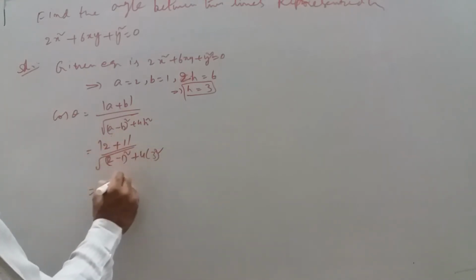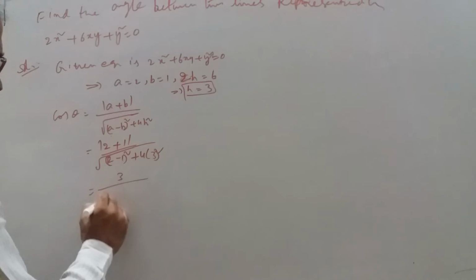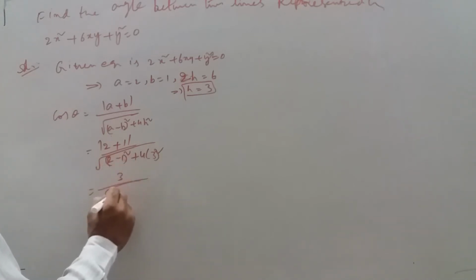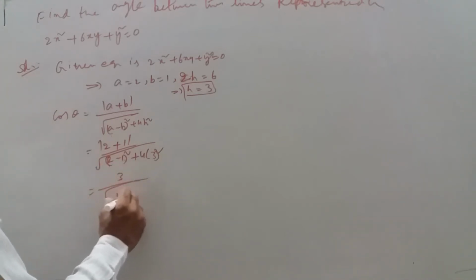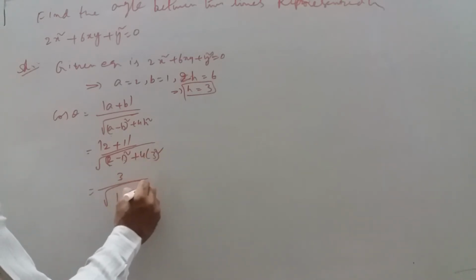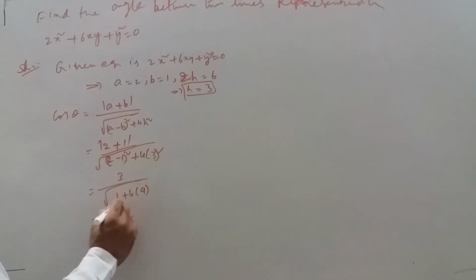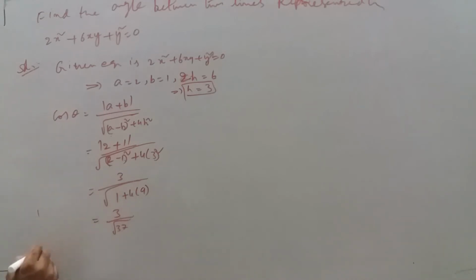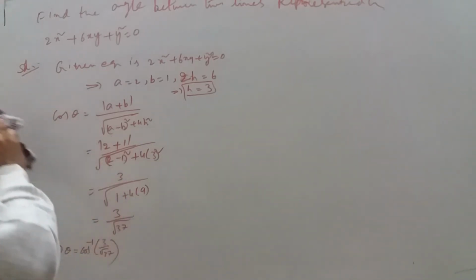By 2 plus 1 is 3, by root of (2 minus 1) square, that means 1, plus 4 into 9, that is equal to 3 by root of 37. What is this? cos theta. That implies theta is equal to cos inverse of 3 by root 37. In this way also we can find the angle between any two straight lines.